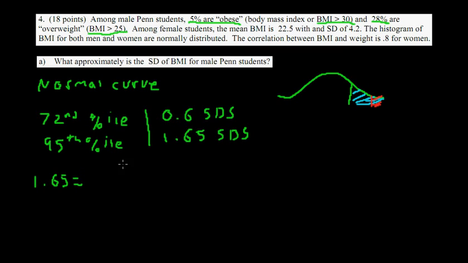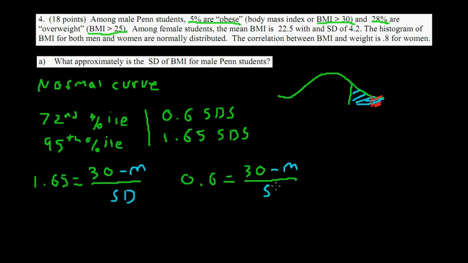We're given 30, so 30, and then minus the mean, let's call it M, divided by the standard deviation, SD. And we also have 0.6 equals 30 minus the mean divided by the SD. Putting your unknown guys in blue for ease of reading. So we have these two equations.